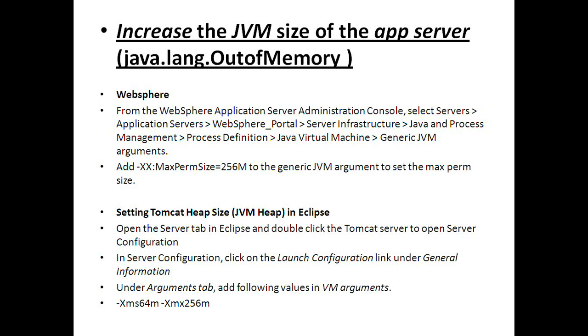Xms is the minimum or the default, and Xmx is for the maximum. So here it is 64 MB and 256 MB. I can also do minimum 1024 MB and maximum 2048 MB. Because normally the JVM heap size limit is up to 4 GB for 64-bit and 2 GB for 32-bit processors. So you can go up to 2 GB or 4 GB.